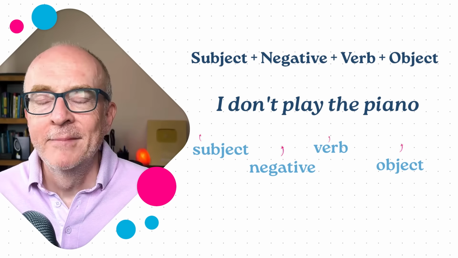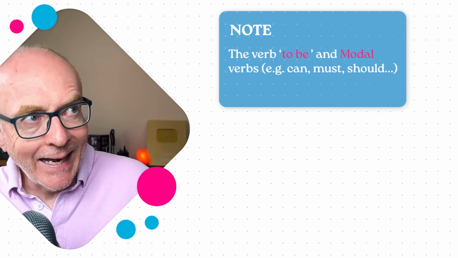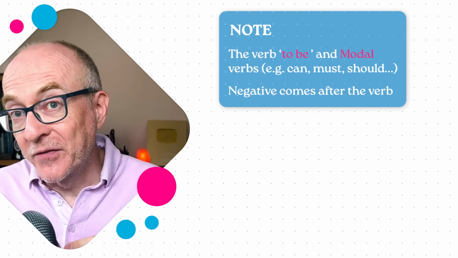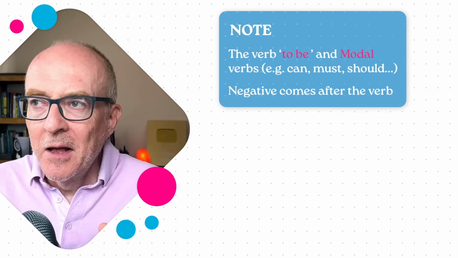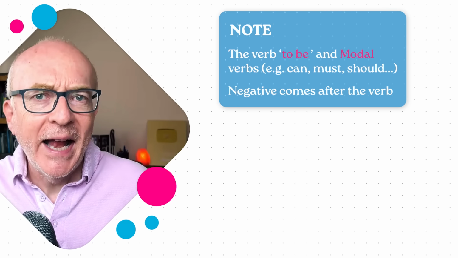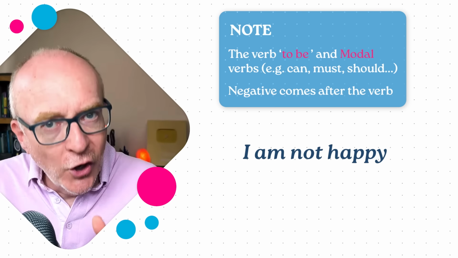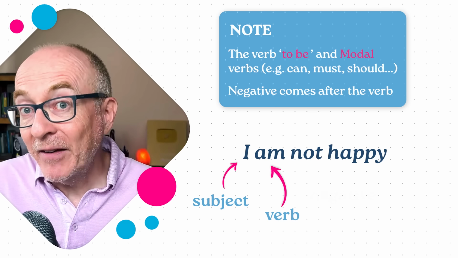Okay, good. However, do notice that with the verb to be and the modal verbs like can, should, must, the negative comes after the verb, right? So we don't say I not am happy. No, we say I am not happy. So with be, the negative comes after the verb.